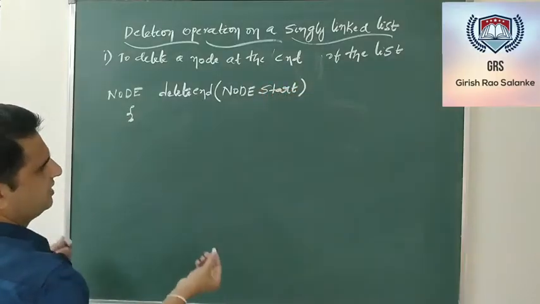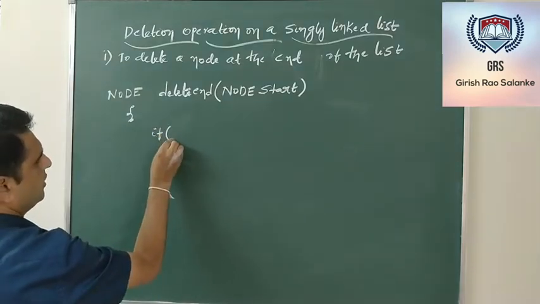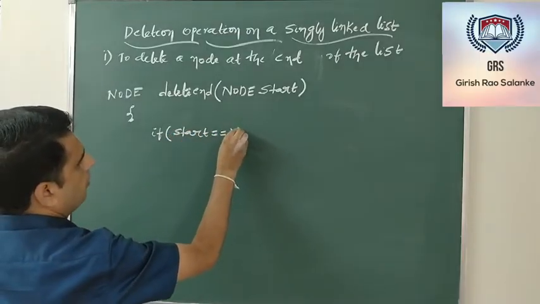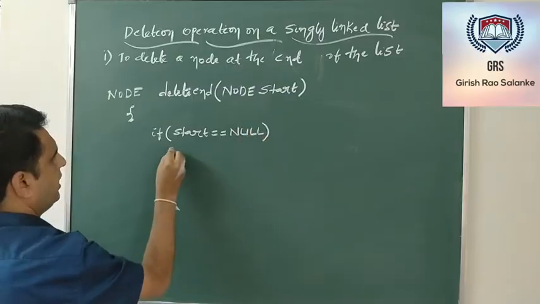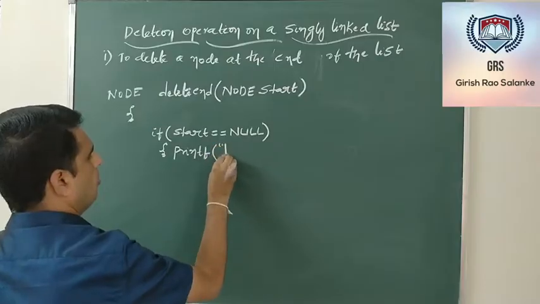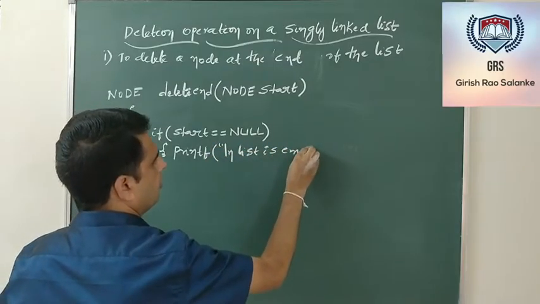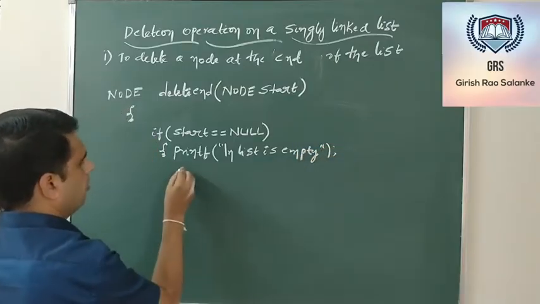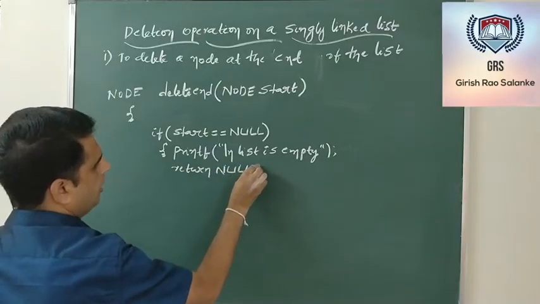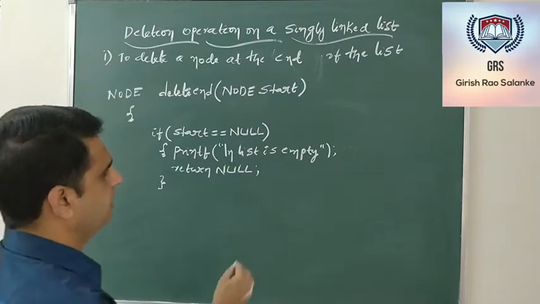First thing, if the list is empty, I can't perform the deletion operation. That's the first thing that I'm going to check. If start is equal to null, printf list is empty, return null.